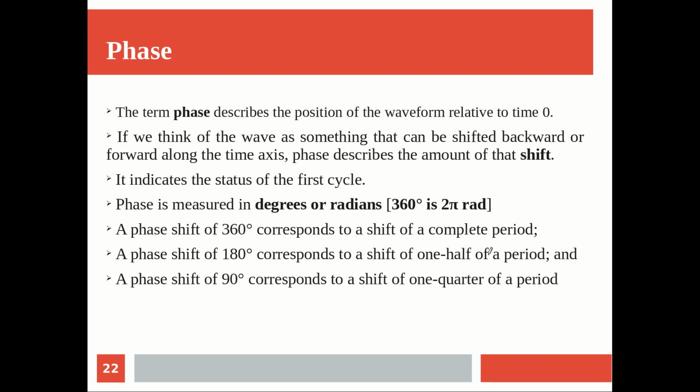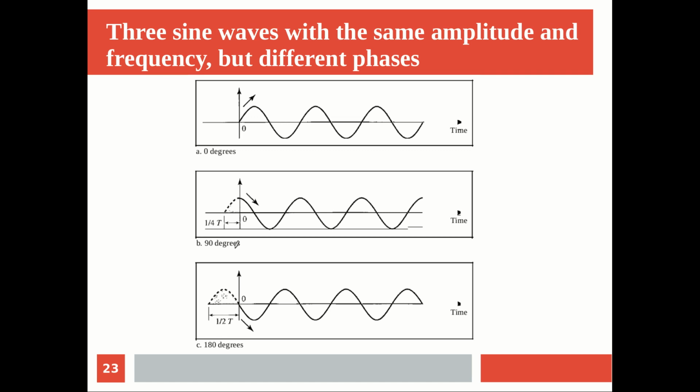Half of the cycle shifted, or half of the period shifted, corresponds to 180 degrees, and 1/4 of the signal shifted corresponds to 90 degrees. That is what we saw in the diagram. This is 90 degrees and this is 180 degrees. Half of it is shifted.